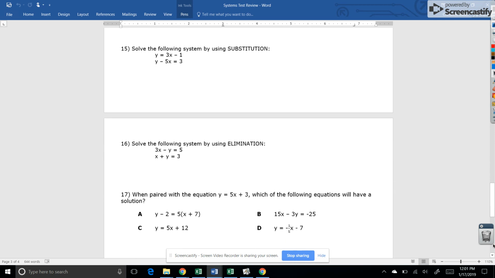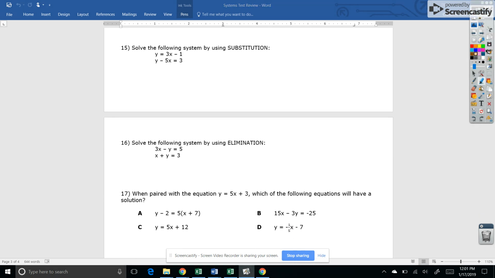Okay, use substitution. So normally when I do a substitution problem, I ask you to find the variable that is isolated. I ask you to find the variable that's alone and then highlight the expression that it's equal to. So in this one, y is equal to 3x minus 1. So this is what I'm going to highlight.